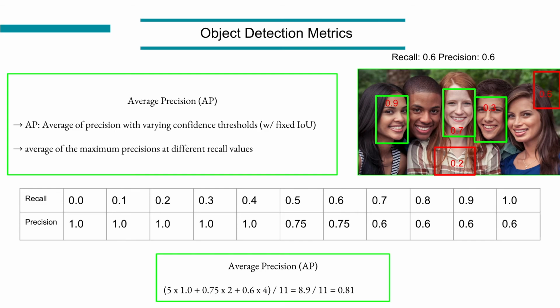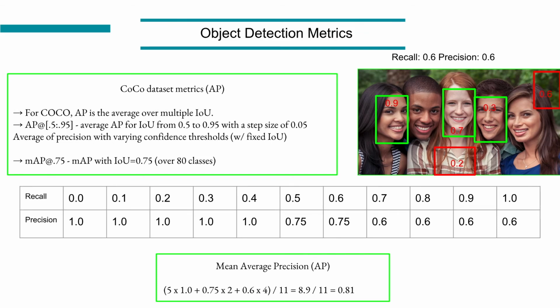Since our problem is binary, our average precision would be equal to mean average precision, because mean average precision is the mean of average precisions over all classes. Since we have only 1 class, face, our mean average precision would be equal to our average precision.